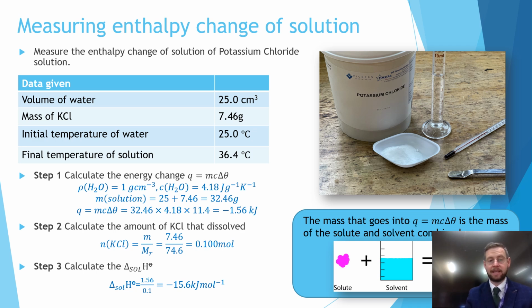And because the enthalpy of solution is going to be the energy change divided by the number of moles that we have, we have to work out the energy per unit mole. 1.56 divided by 0.1 gives that, and so the enthalpy of solution is minus 15.6 kilojoules per mole, and that is how you calculate it.